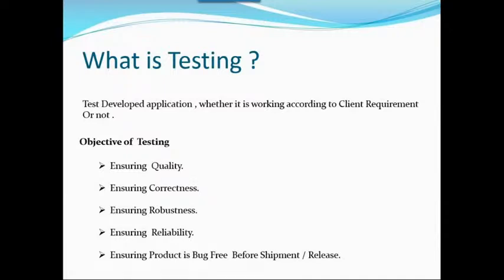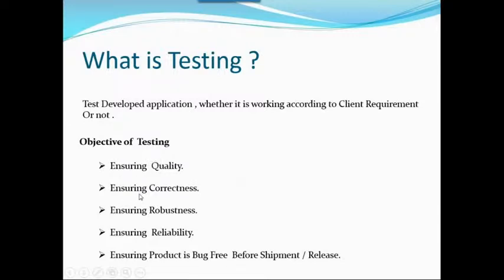Robustness means we need to check whether it is working as per the given requirements in all the areas. Reliability means whether this application is user friendly or not, we need to check.